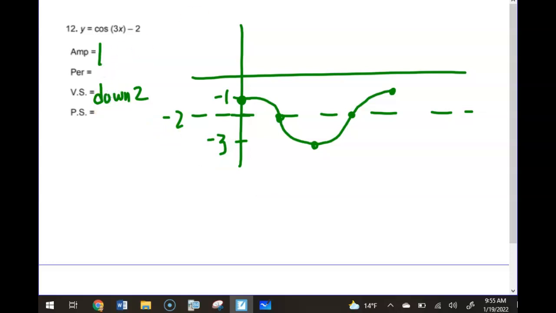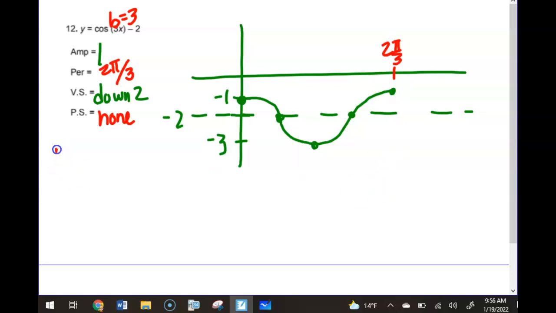The period is not 2 pi this time. It's what? 2 pi over b, and the b is 3. Lovely. So because there's no phase shift, it should finish at 2 pi over 3, but we've got to figure out those quarter points.